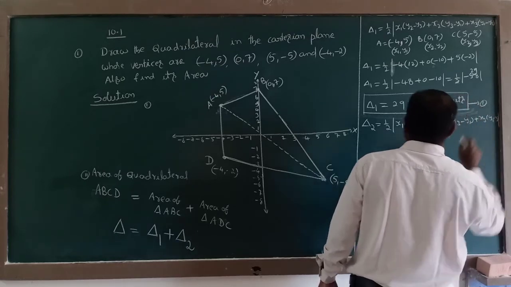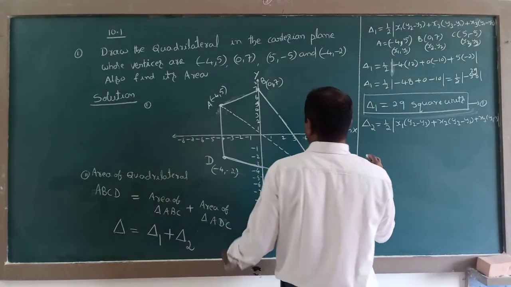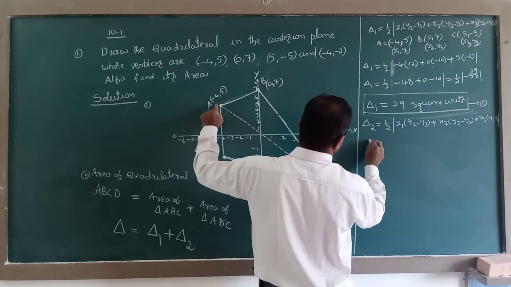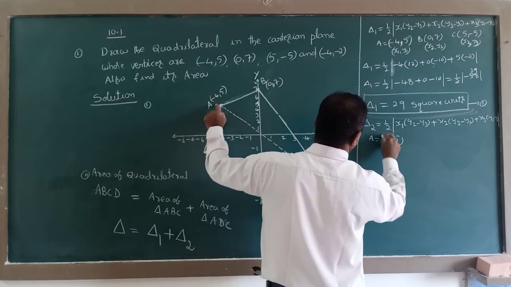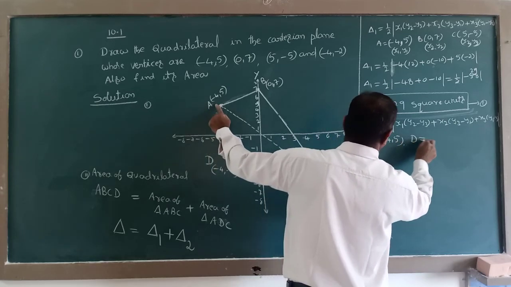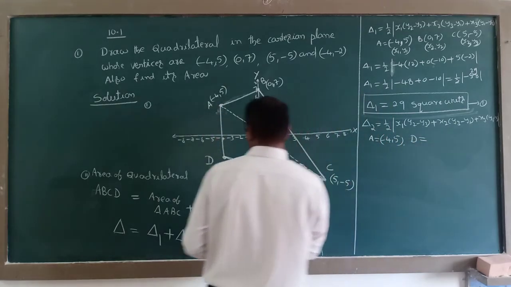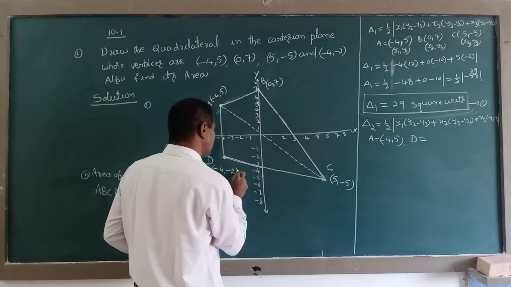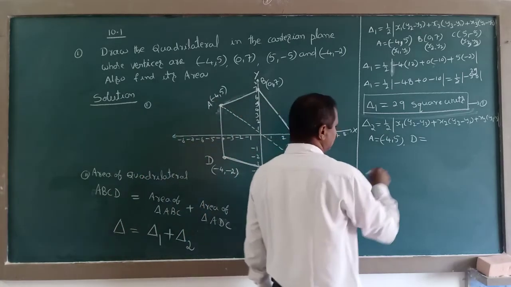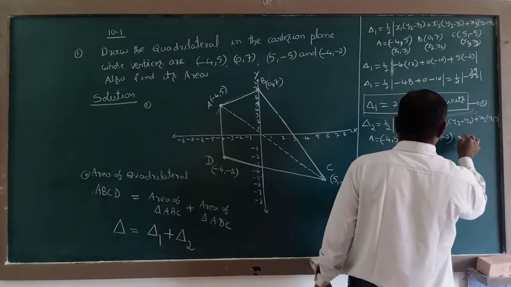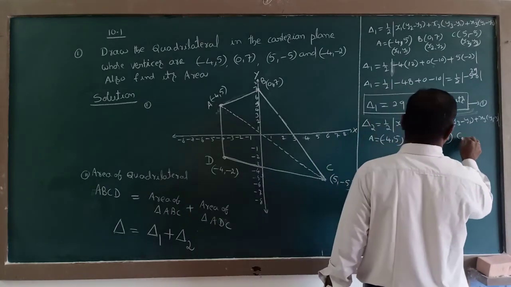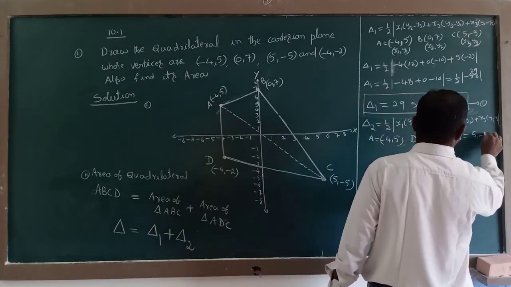The same formula applies here. Here the triangle is ADC. A is (minus 4, 5), D is (minus 4, minus 2), and the last one, C, is (5, minus 5).